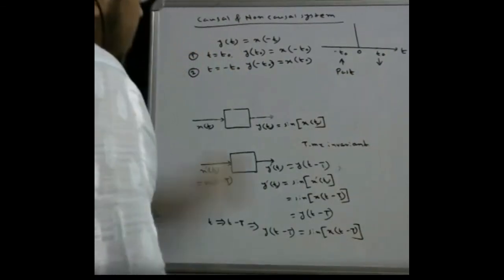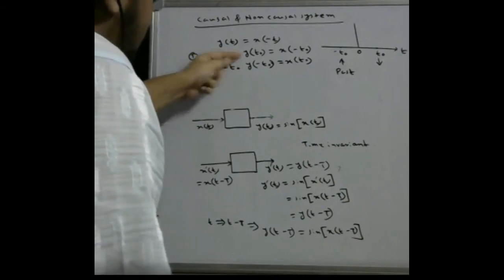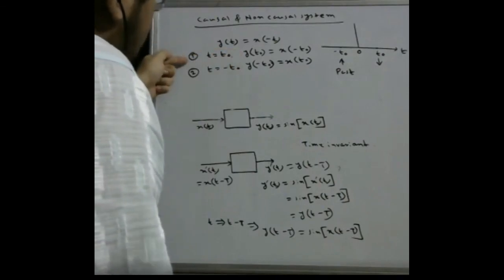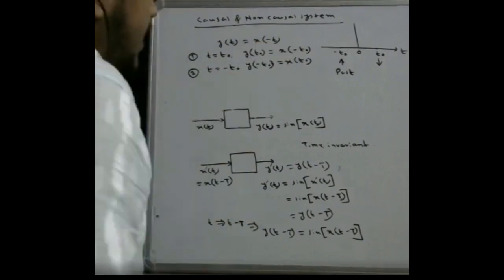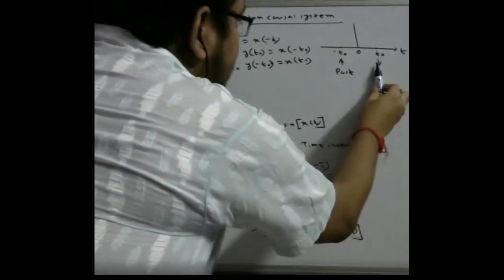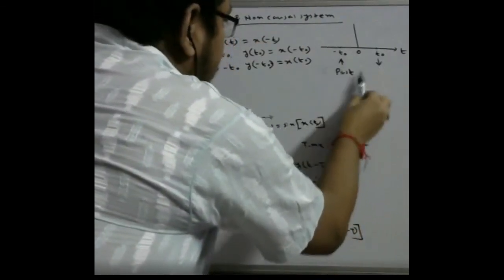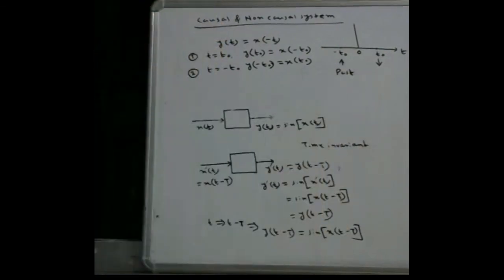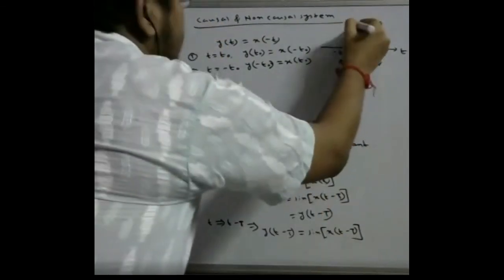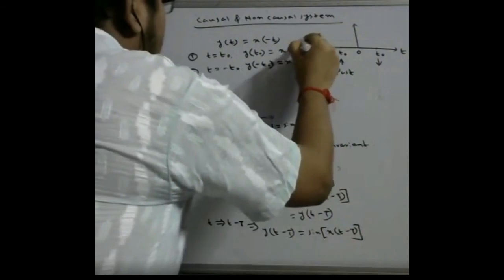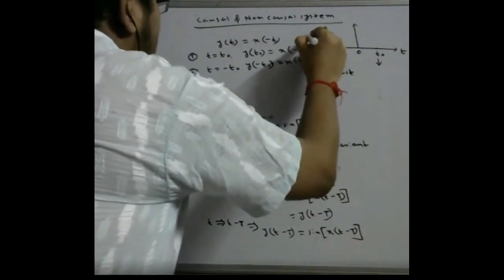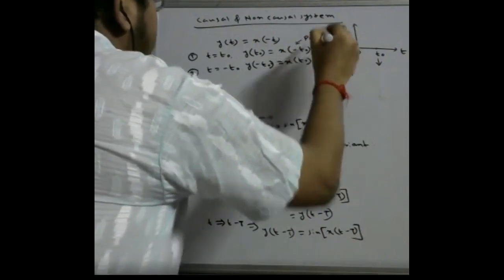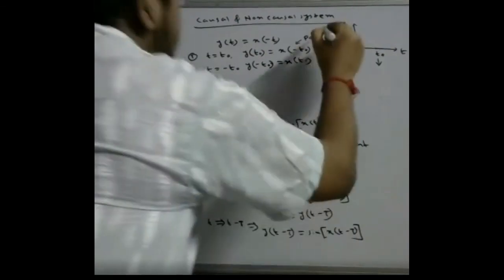So for this past condition, we can say the current or present output depends on the past input.